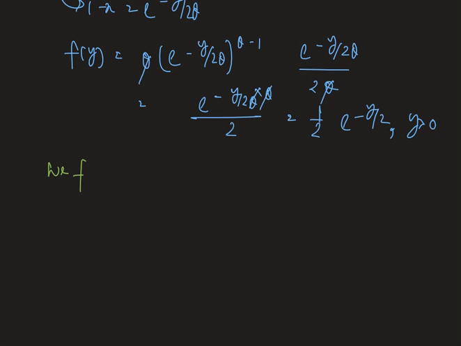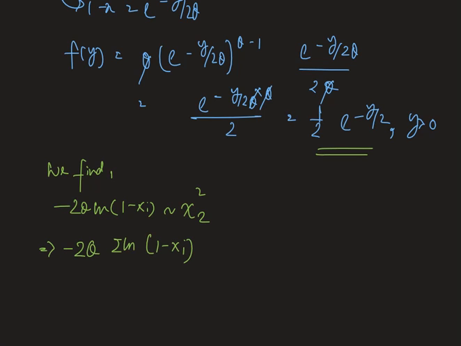Now we find minus 2 theta ln (1 minus xi) is chi squared 2. Then this implies minus 2 theta times the sum over ln (1 minus xi) is chi squared 2n.